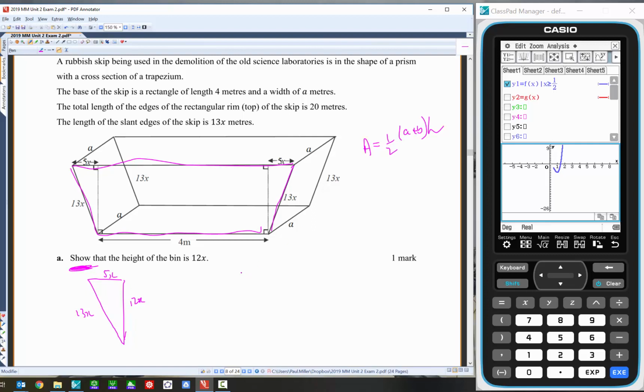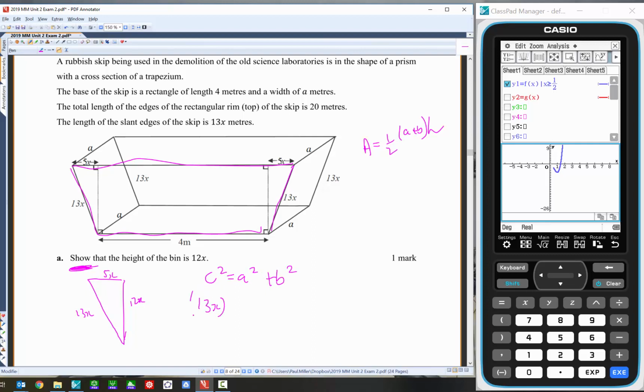My recommendation is to put this into Pythagoras' theorem. I'm going to use the method that a lot of you did, only because you really have to show this particular step. c squared equals a squared plus b squared. Now the hypotenuse is given to us.